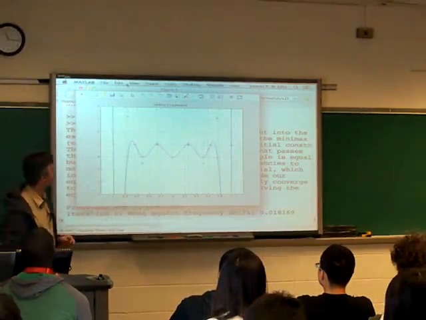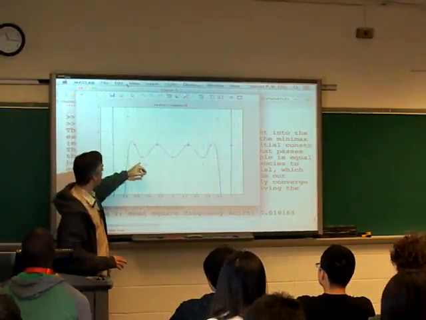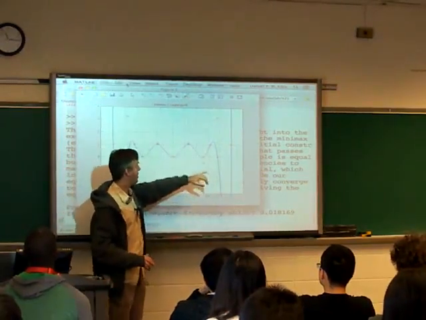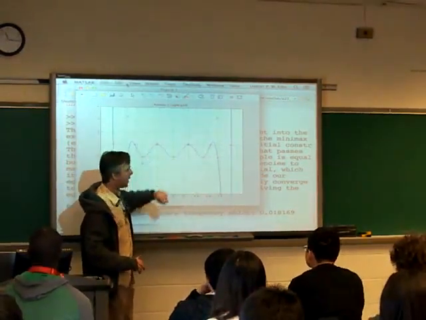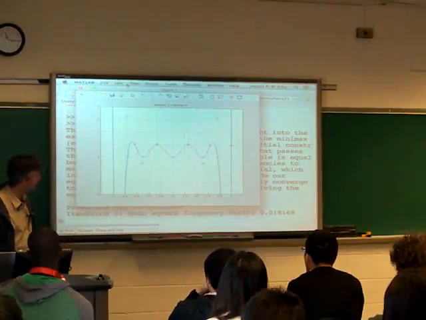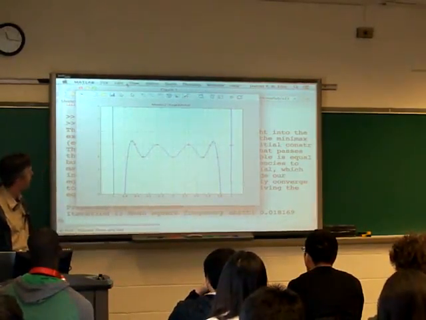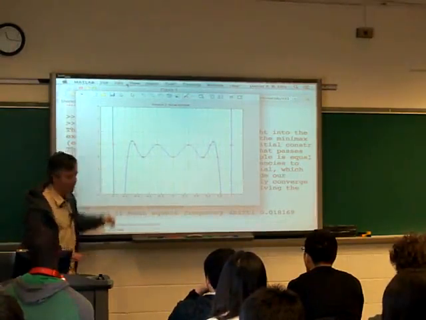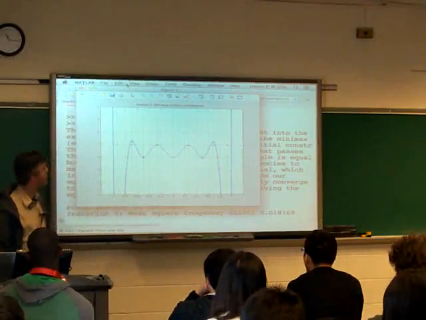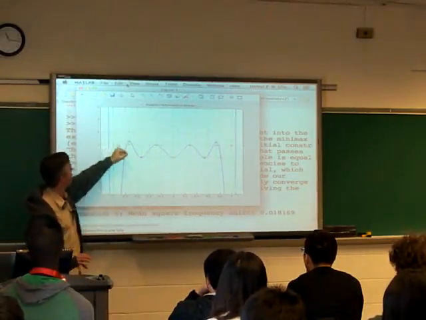So we do that, and we get a new polynomial. Now we've still got these very large deviations outside of our range, but things are looking a little better. In the middle, they're looking a little more well-behaved. We find the actual extrema of that polynomial again, and then we move our target frequencies to be those, and then stretch the whole thing so that our range is the same.